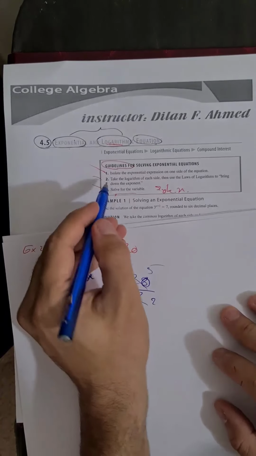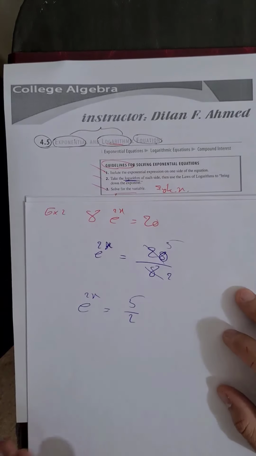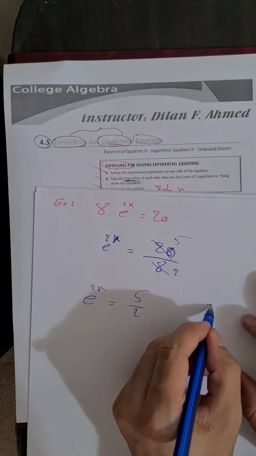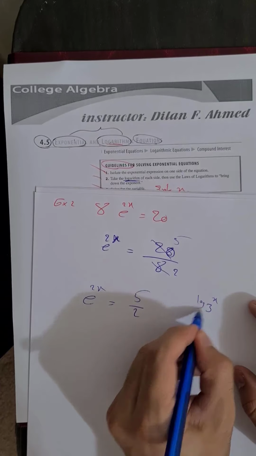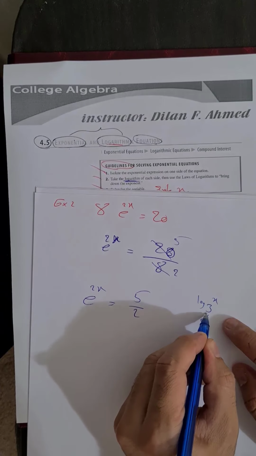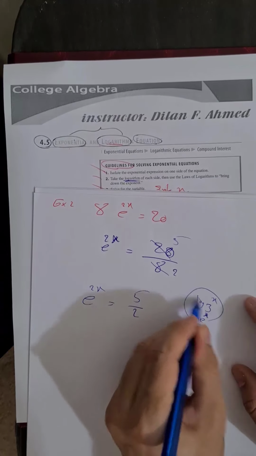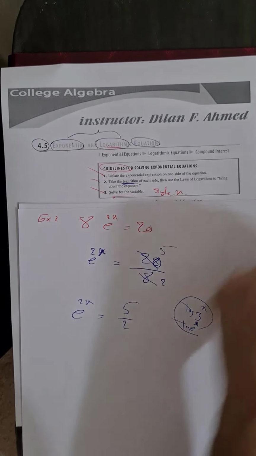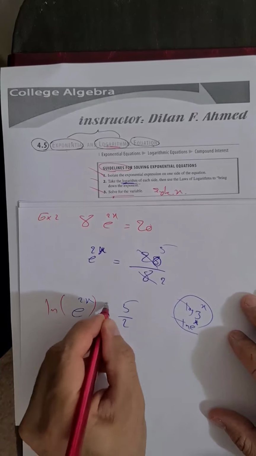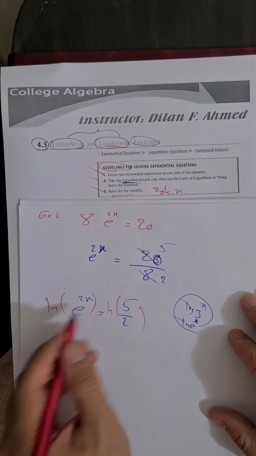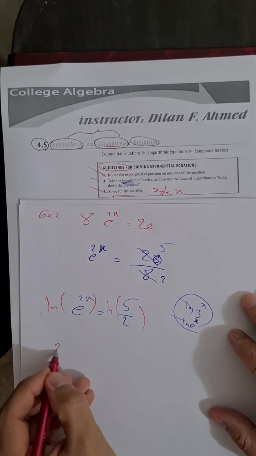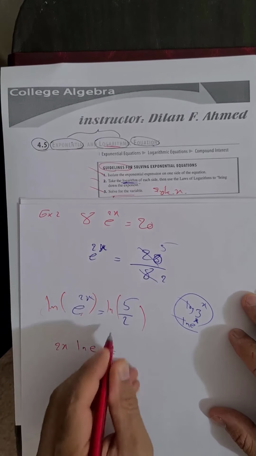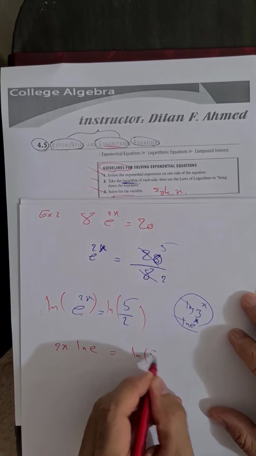Now take the logarithm of both sides. If I have an exponential with base 10, I use log; if I have an e like that, I will use ln. Do not forget that, it's better for you. So I am taking ln of both sides, and the exponent comes down by the property: 2x ln e is equal to ln of 5 over 2.